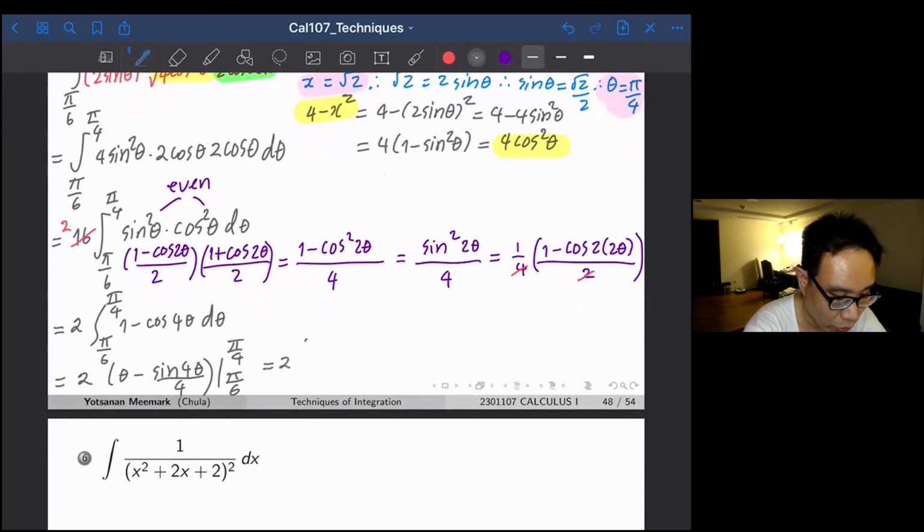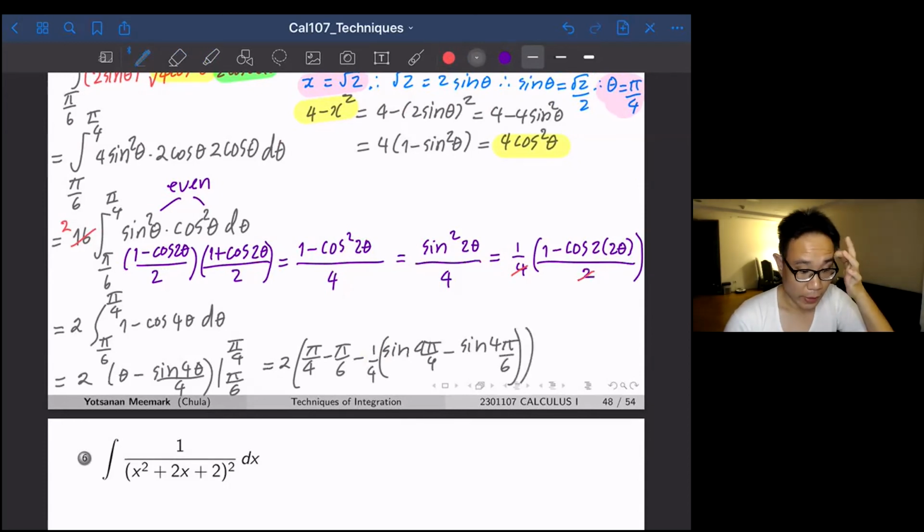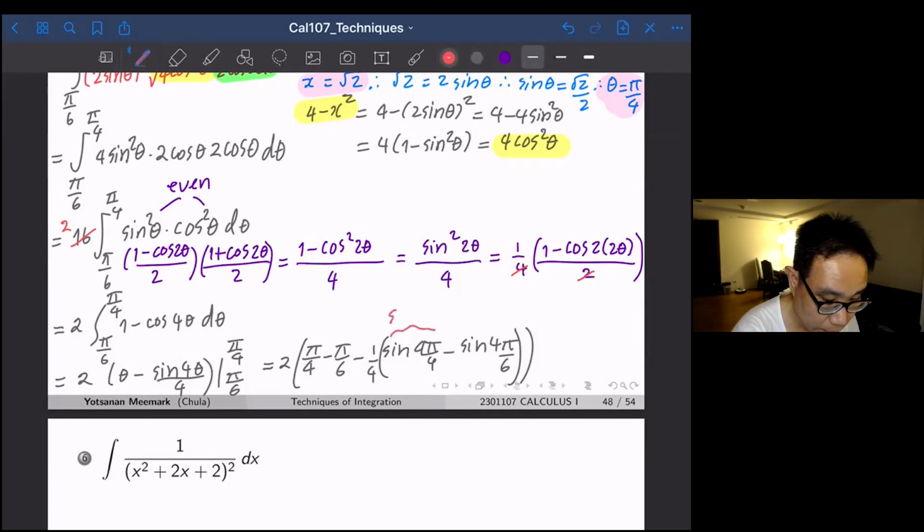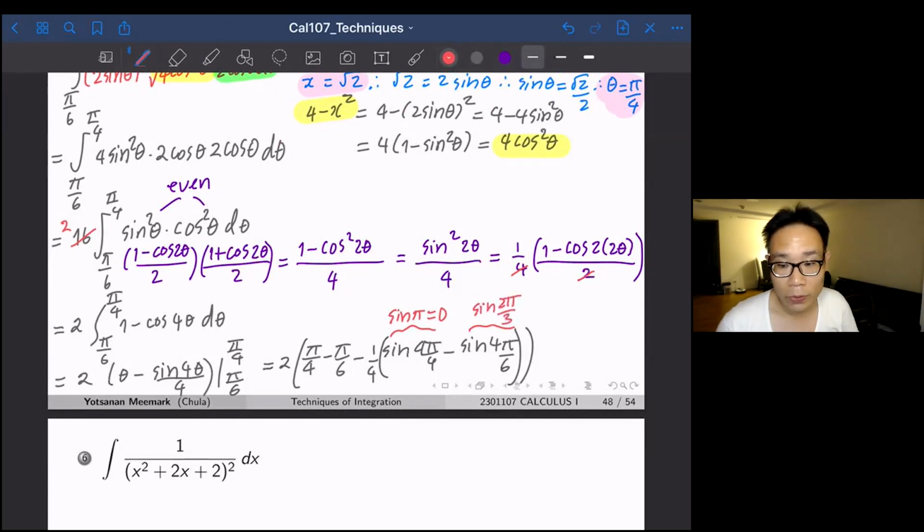You have 2 times (pi over 4 minus pi over 6), that's one term, and minus the sine terms, with 1/4 outside. Sine 4 pi over 4 becomes sine pi, which equals 0, and sine 4 pi over 6 becomes sine 2 pi over 3, which is root 3 over 2.